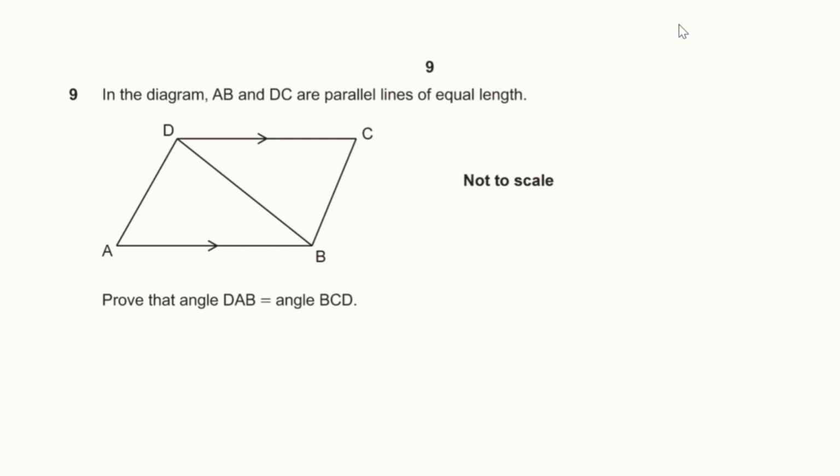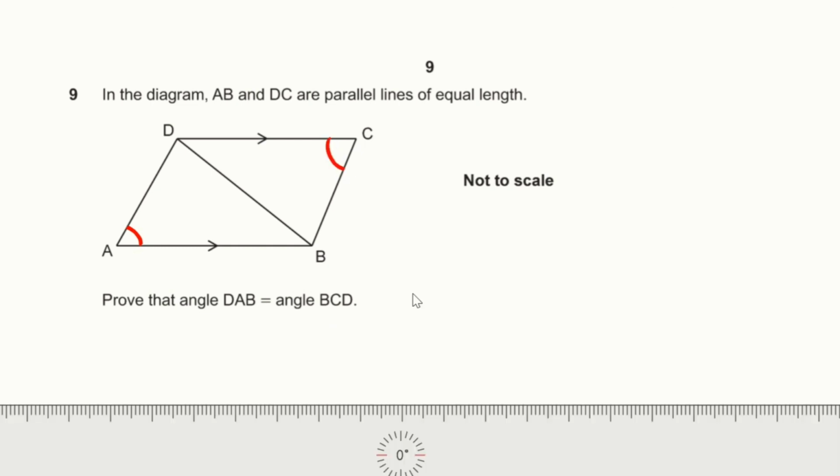Question number 9. In this diagram, AB and CD are parallel lines of equal length, and what we have to do is prove that the angle DAB, that's this angle here, equals the angle BCD, the angle here. That's what we want to prove.